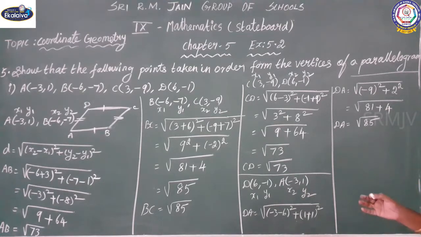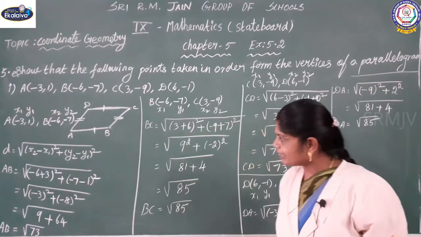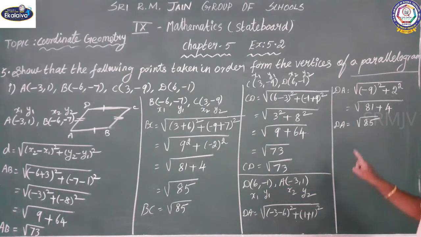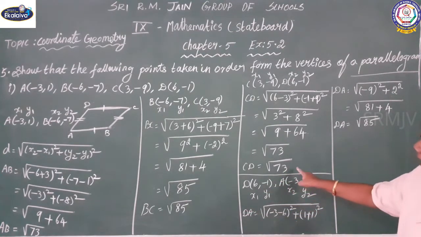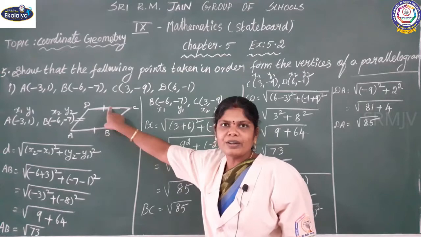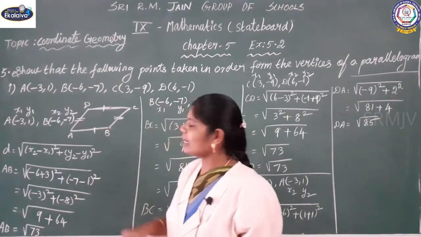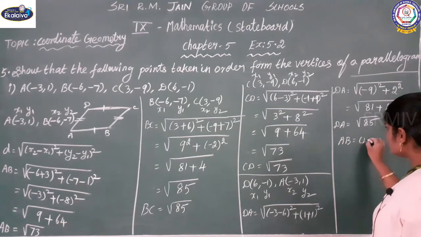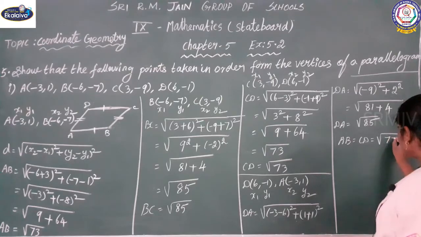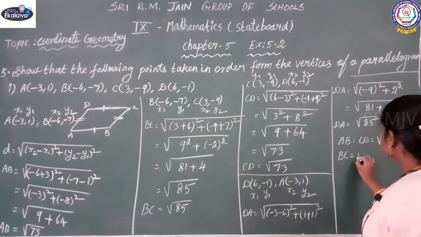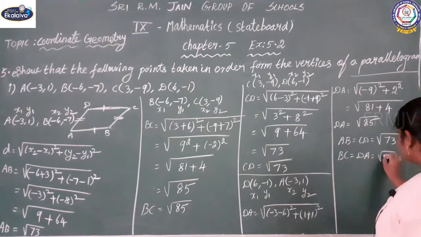Okay. Now we found all the distances. AB equal to root 73, BC equal to root 85 and CD equal to root 73, DA equal to root 85. Okay. Now compare here. AB and CD values are equal. See here. AB and CD are opposite sides. These two values are equal and these two values are equal. Okay. So AB equal to CD equal to root of 73 and next BC equal to DA equal to root 85.